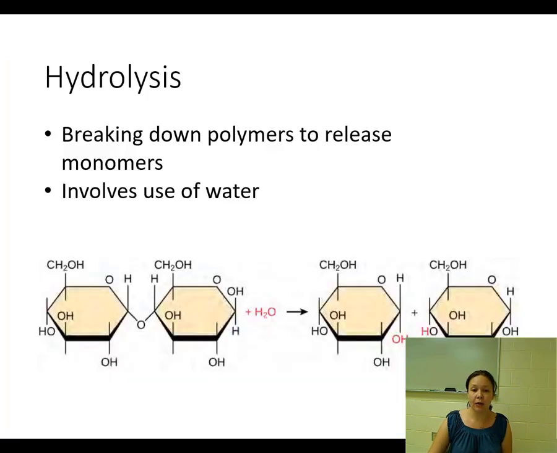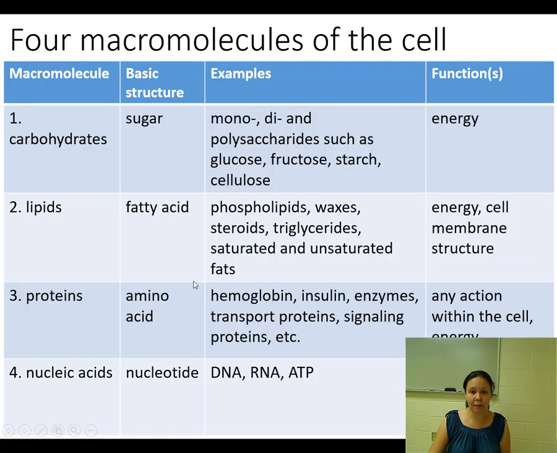If we go back to this slide, one of these rings would be a monosaccharide. When you put 2 of them together into this structure here, that's a disaccharide. And when you have many of them together, that's a polysaccharide. Glucose and fructose are a good example of monosaccharides.